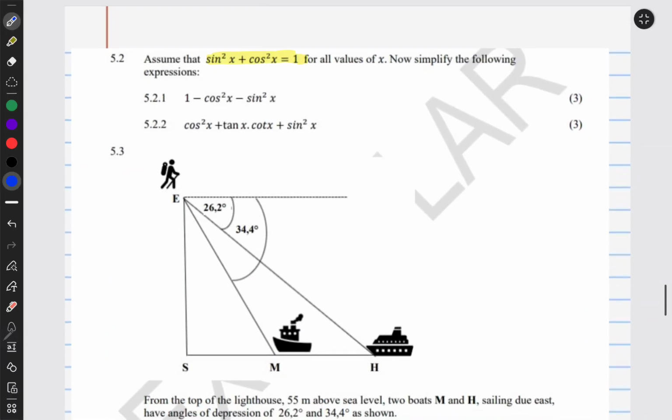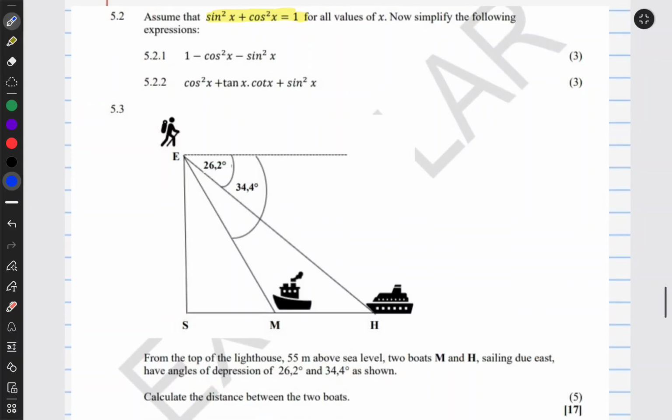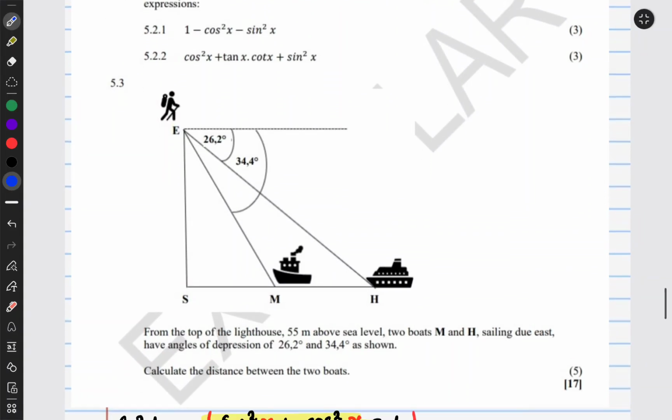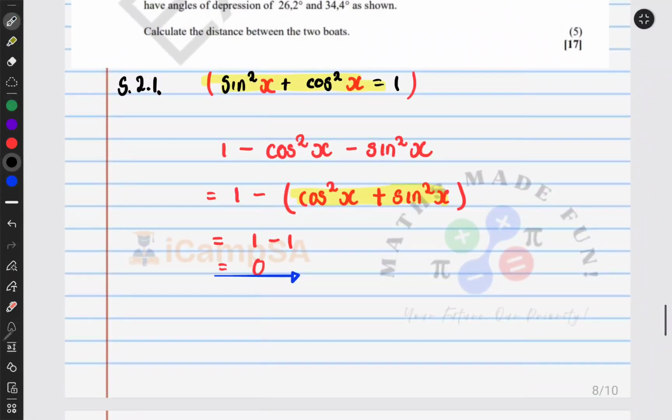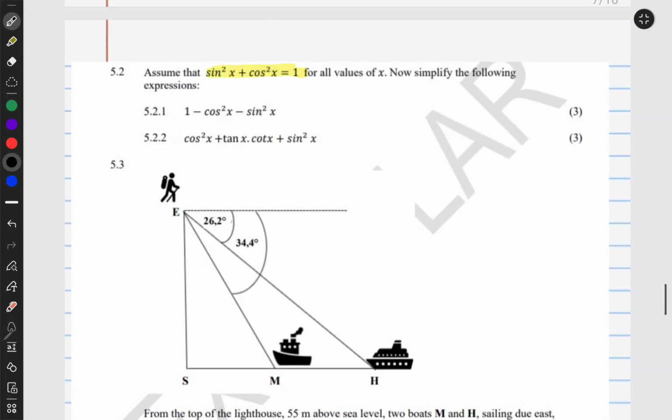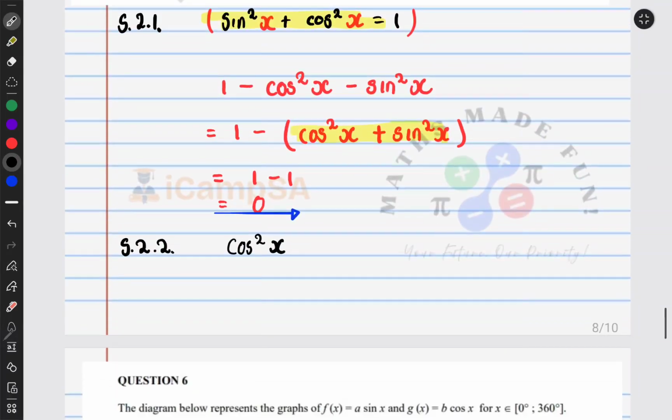Now 5.2.2: cos squared x plus tan x multiplied by cot x plus sine squared x.